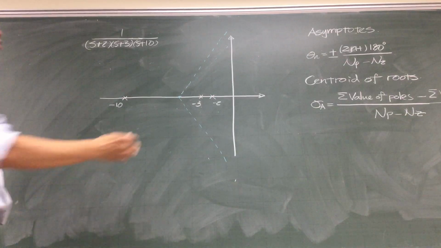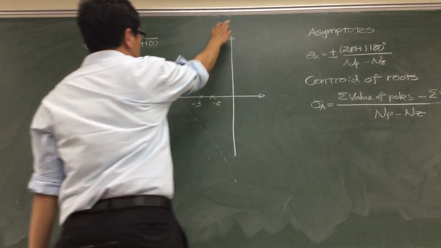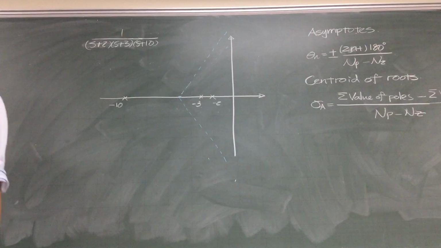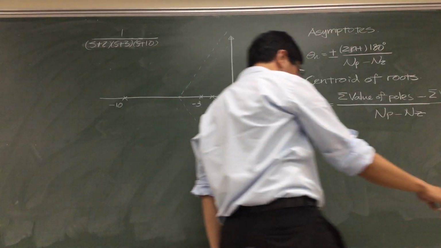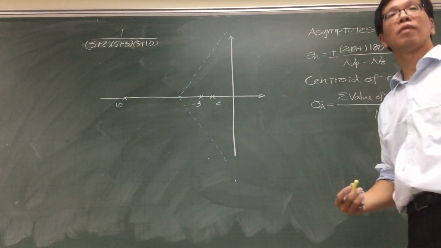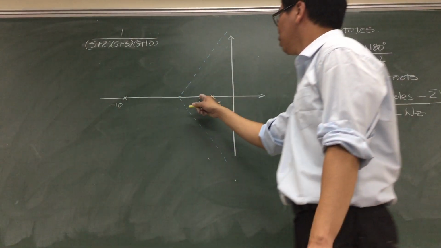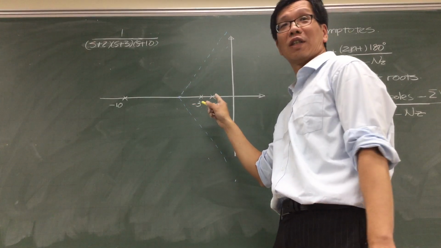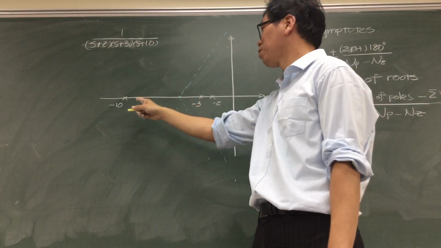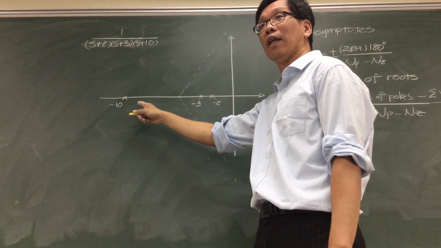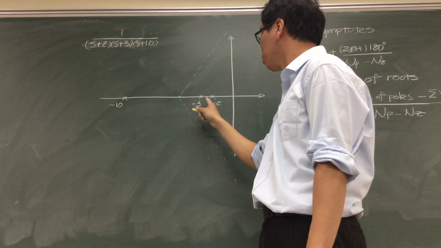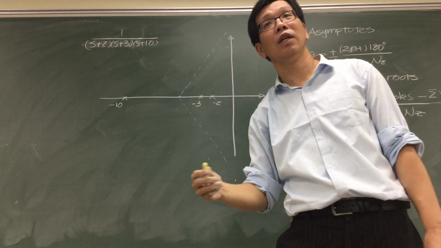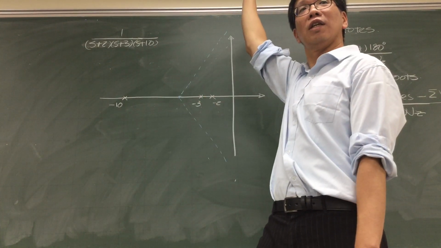Okay, so we know one goes in this direction, one goes in this direction, and one goes in this direction. How are we going to draw that? We know they are not going to be attracted to each other, right? Poles must end at zeros, but we don't have any zeros over here. It means that those 3 are going to infinity.